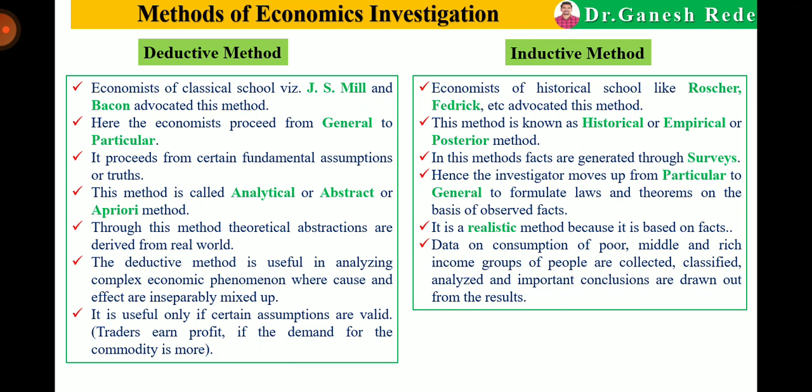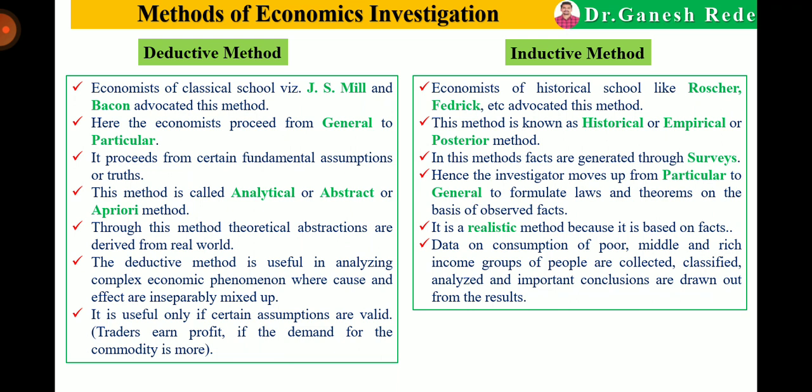A question may be asked: distinguish between the deductive and inductive methods. There are high chances of this being asked. The deductive method was advocated by J.S. Mill and Bacon, while the inductive method was advocated by Rothschild and Friedrich. In the deductive method we proceed from general to particular, and in the inductive method from particular to general.